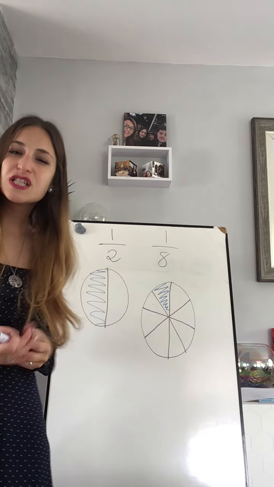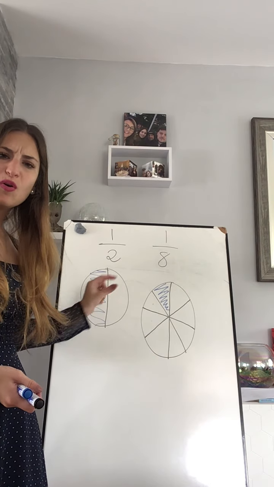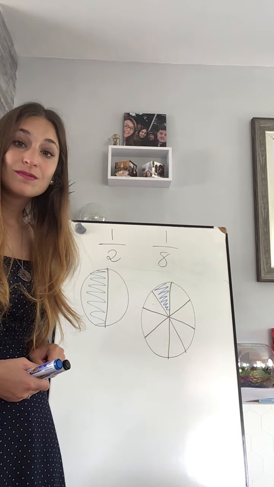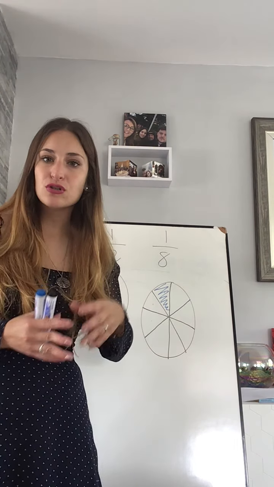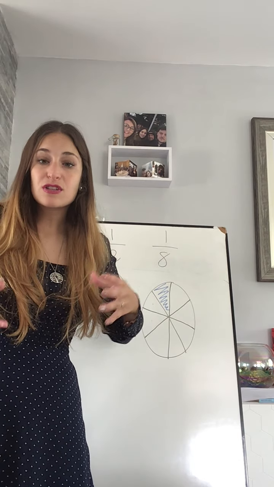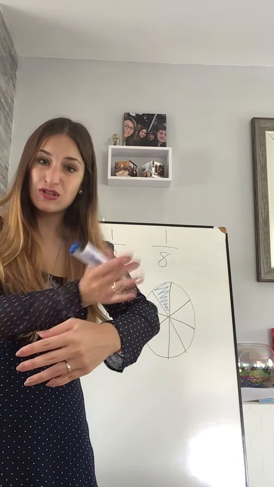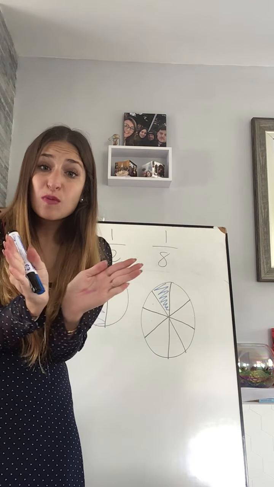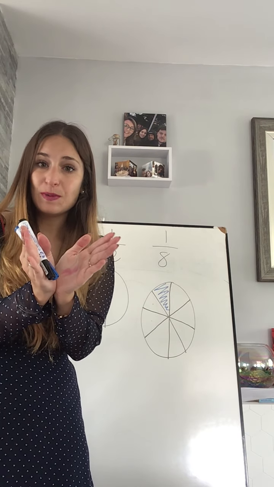Let me ask that question again then. What is smallest? 1/2 or 1/8? It is 1/8. Why? Because with fractions it's the opposite. On a pizza, the more cuts you do, when you divide it into more pieces, the smaller your bit is going to be, isn't it?